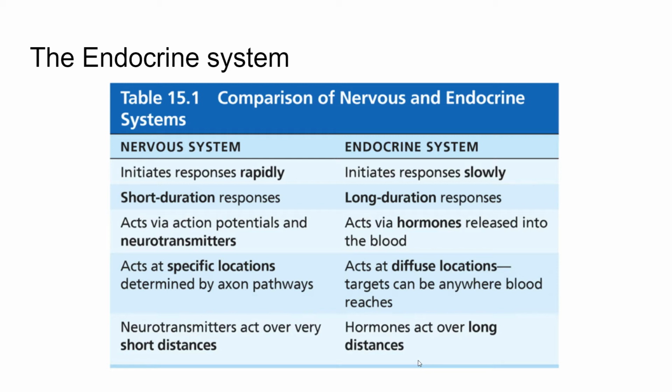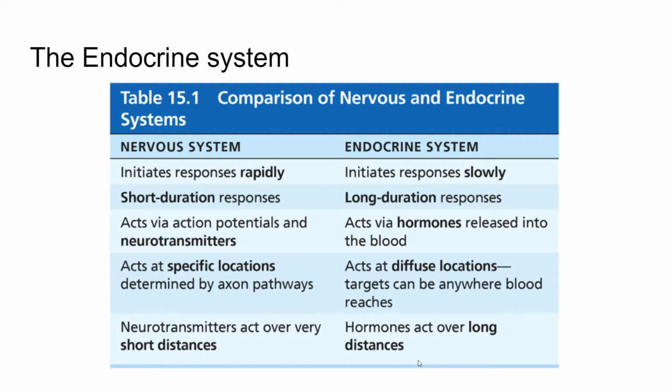It influences metabolic activities through hormones that are transmitted through the blood. And so most of the hormones that we're going to be looking at go directly into the bloodstream. We will look at a type of gland that doesn't do that, but endocrine glands go right into the blood.